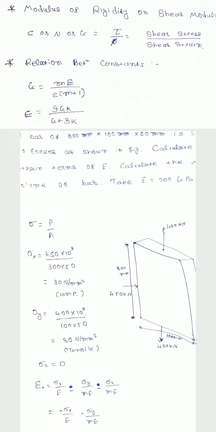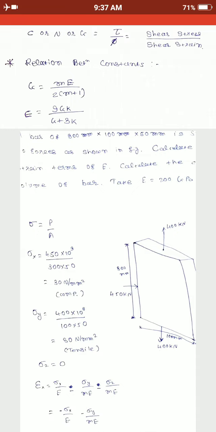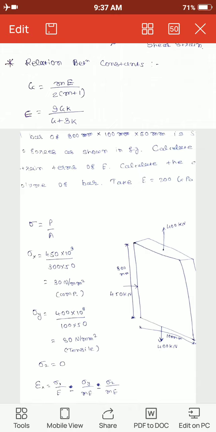So first we will calculate the stress in x direction and the stress in y direction. We all know sigma is equal to force upon area. According to that, force in x direction is 450 kilonewton, so we use 450 into 10 raised to 3 upon area. The cross section area for the x direction force is 300 mm cross 50, where 50 is the thickness of this bar.